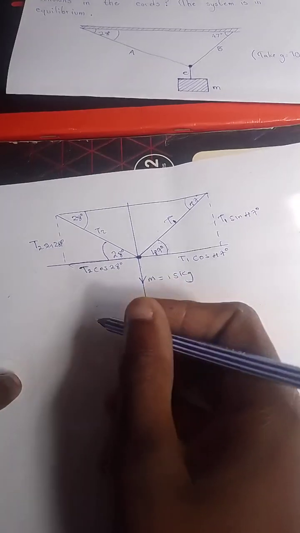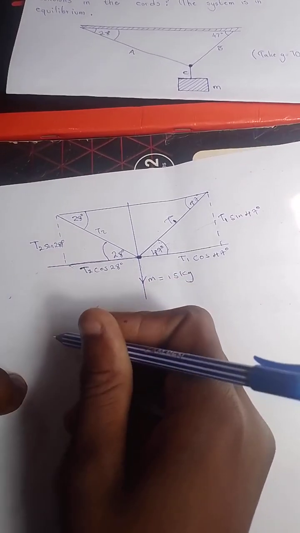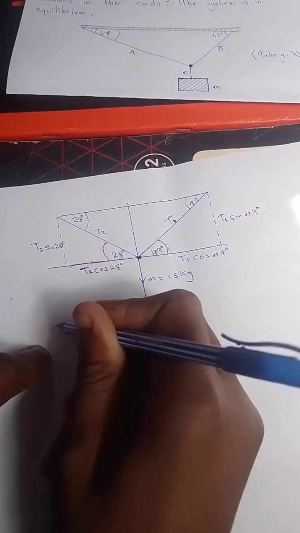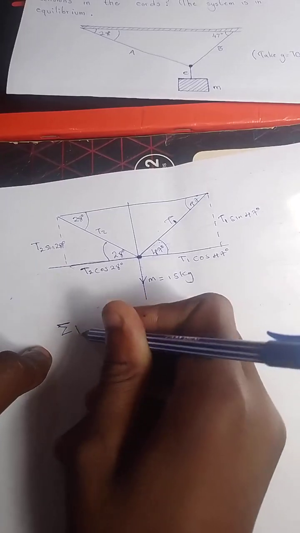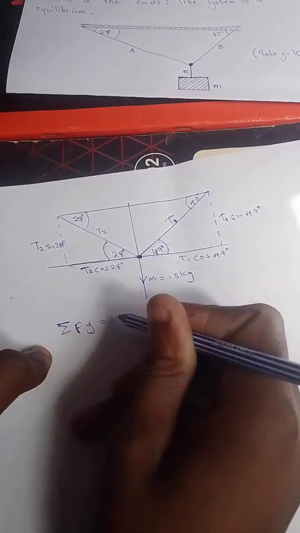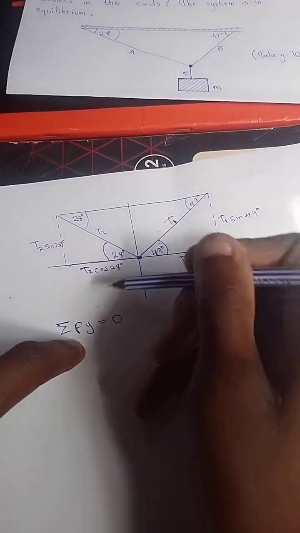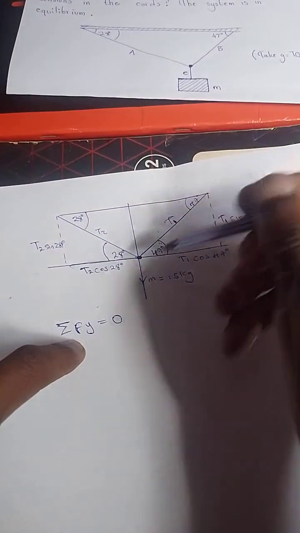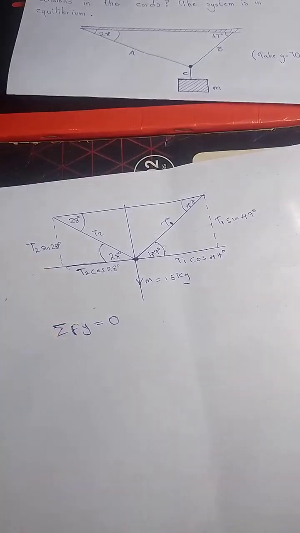So I'll say the summation of Fy should be equal to 0. All the forces acting upwards or in the y direction should be equal to 0.